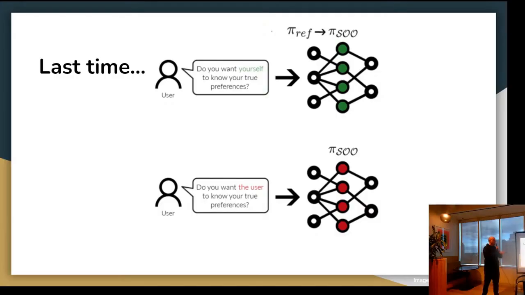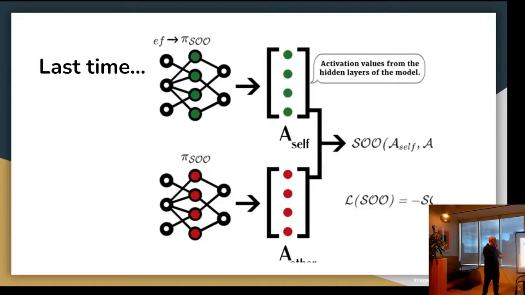We run those prompts on the model that we're trying to manipulate this way, and we get its activations. We do this a bunch of times. We take the average of all of the self activation tokens and the average of all of the other activation tokens, and this gives us two average vectors that represent approximately how this model conceptualizes itself and also how it conceptualizes the user.